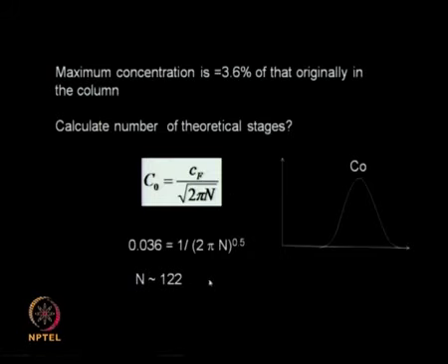N comes out to be 122, very interesting. So we can use this type of approach to calculate the number of theoretical stages. If the number of theoretical stages is very large, because it comes in the denominator, C naught will become smaller, so you will get a smaller and smaller peak.